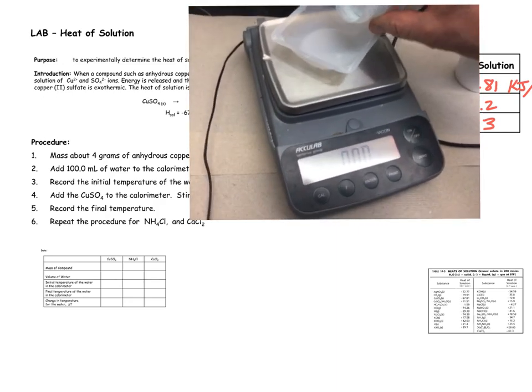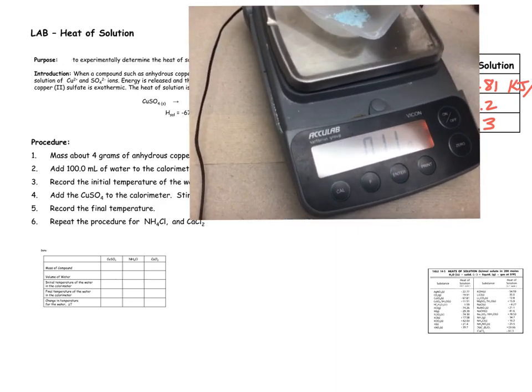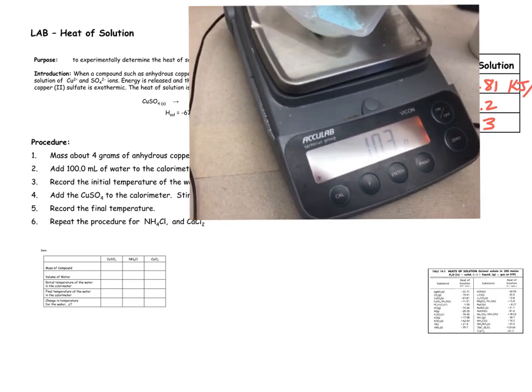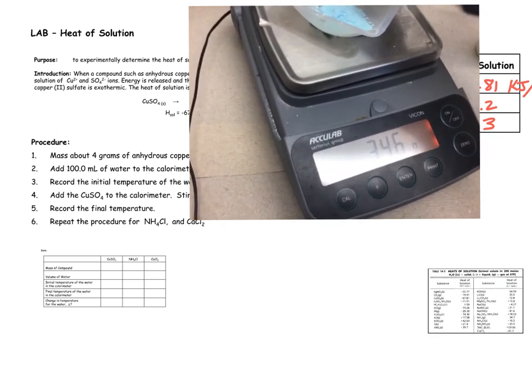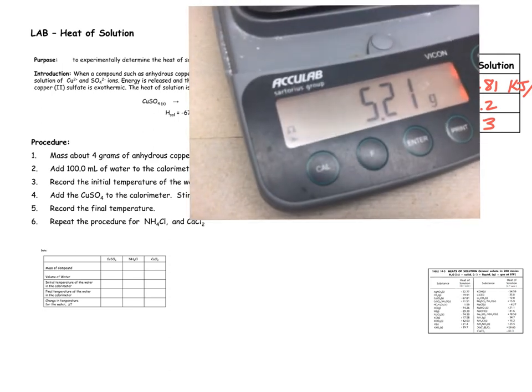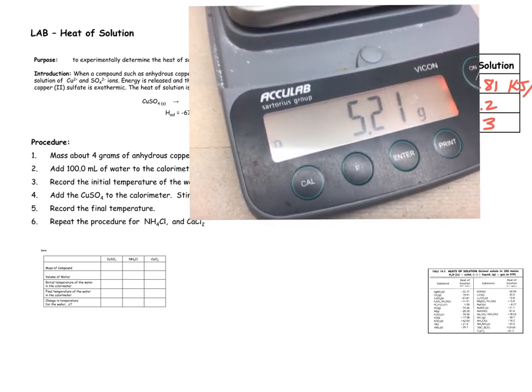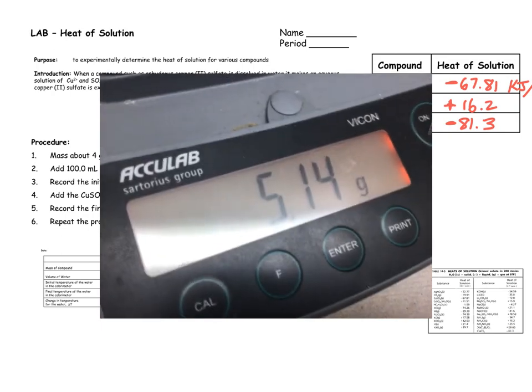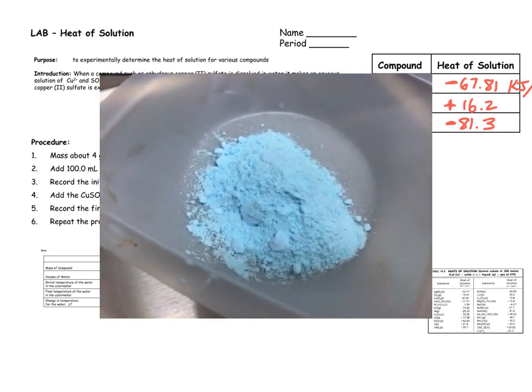All right, here we go. Now, we don't have to get exactly 4 grams, but we do want to know how much we have. All right, I'm going to go 5.21. Strike that, make that 5.14 grams of copper sulfate.